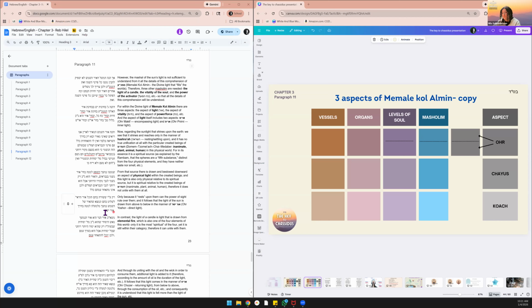ונמצא שהאור של השמש נמשך מלמעלה למטה בדרך אור ישר. And we know that the aspect of the sunlight shines from above to below, b'derech or yashar, in the direct light, meaning in a straight light.